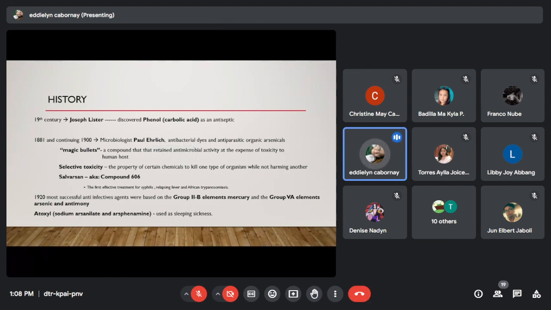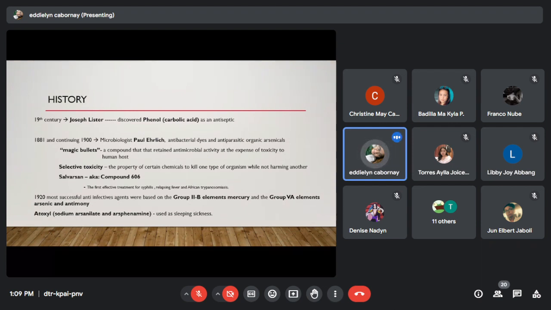So in this time, Paul Ehrlich discovered the selective toxicity of other organisms. Paul Ehrlich discovered magic bullets. This is a compound that retained antimicrobial activity at the expense of toxicity to the human host.